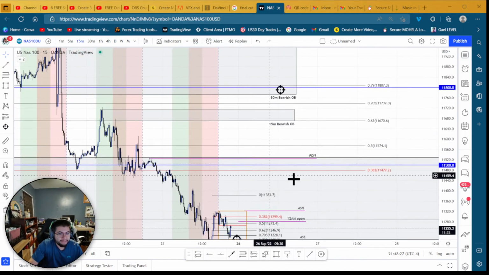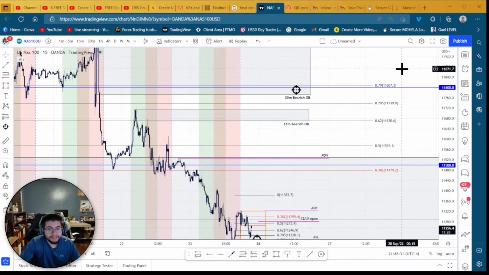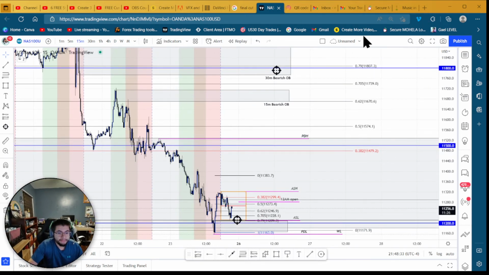I already have this fib level drawn up here, and let's see. Yeah, I need to have a better price before I enter, unless bullish momentum comes in, then we'll adapt.